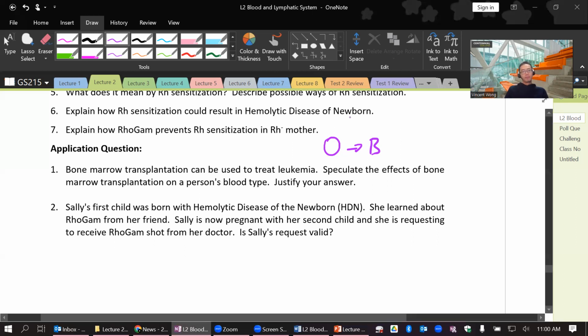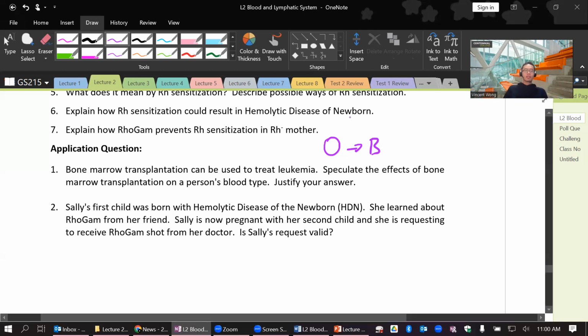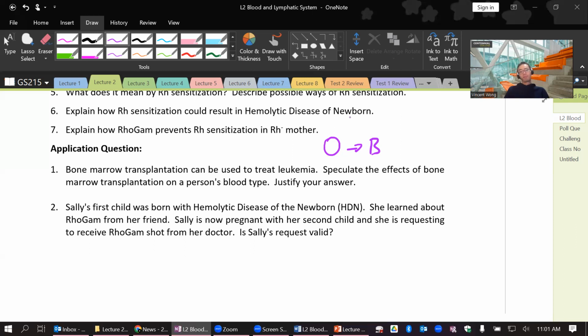Sally was sensitized before her first pregnancy. Exactly. Pregnancy is not the only way to get sensitized. Blood transfusion can cause sensitization as well. So maybe Sally once in the past received a positive blood transfusion, and then she was sensitized, and now those antibodies cross the placenta to attack the first baby. Okay, all right, so that is it.